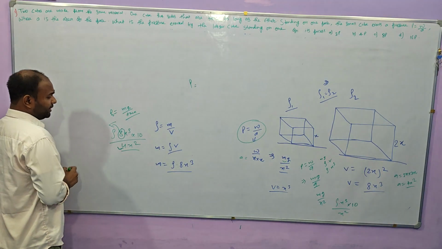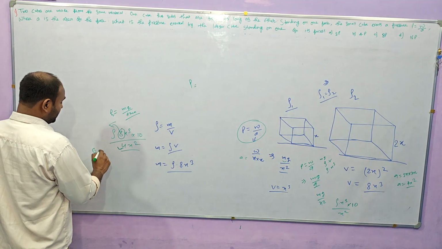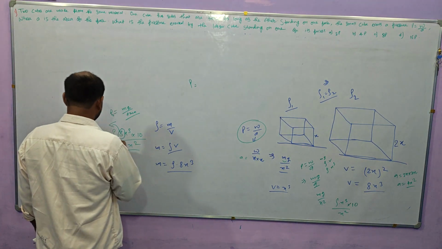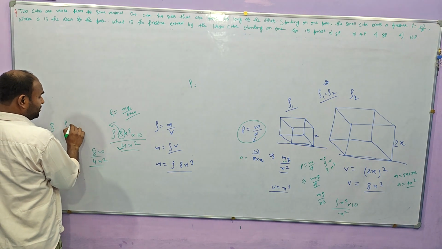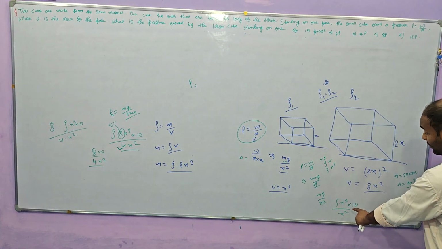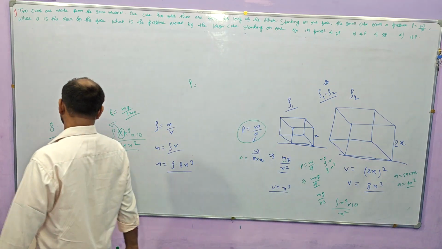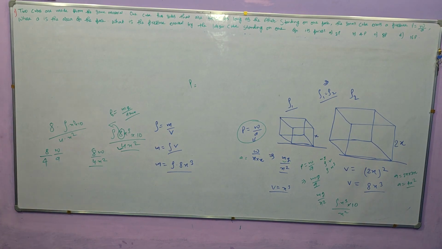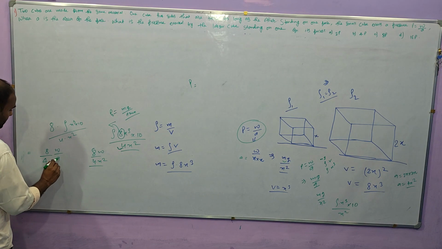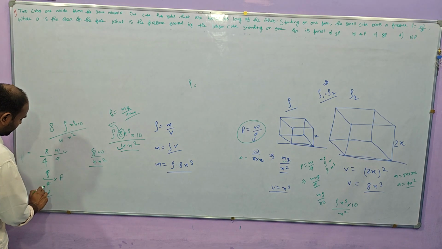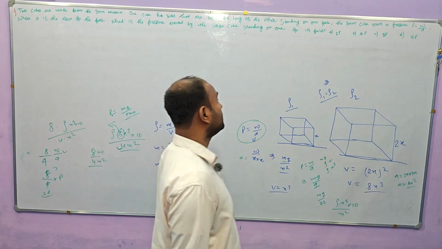So here we just get an 8 multiplication in W, and the multiplication in area is 4. Everything else is similar, so we can write 8 upon 4, that is W by A, that is equal to P. 8 upon 4 becomes 2, so the pressure is equal to 2P.